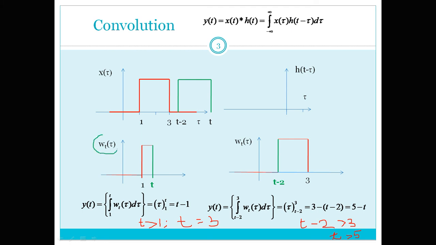For t minus 1 to come into picture, t should be 1 less than t less than 3. And the second case comes into picture from t greater than 3, so 3 less than t less than 5.